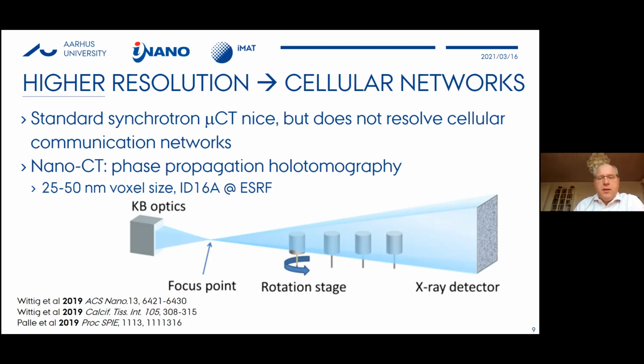When it's very far, you measure the diffraction pattern. And so the resolution you potentially can obtain is defined by the focal point. And at the leading facility for this, which is ID16A at the European Synchrotron in Grenoble, they're really very good at focusing hard X-rays. So you can get down to maybe sub 20 nanometer focal points and hence potential resolution in this way.